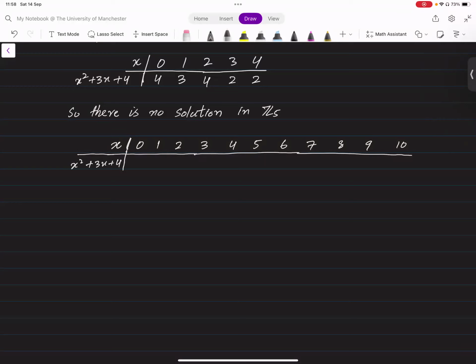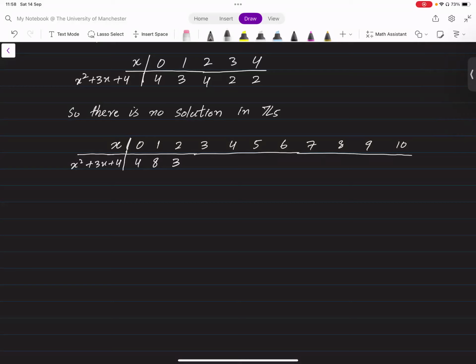Okay, now let's put 0, that will be 4. Let's put 1. 1 plus 3 is 4, plus 4, 8. Okay. Let's put 2. 2 squared is 4, 2 times 3 is 6, 4 plus 6 is 10, plus 4 is 14. If you divide 14 by 11, you will get 3.